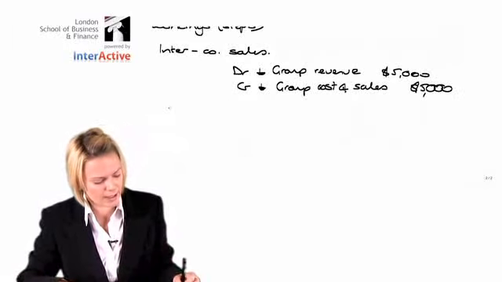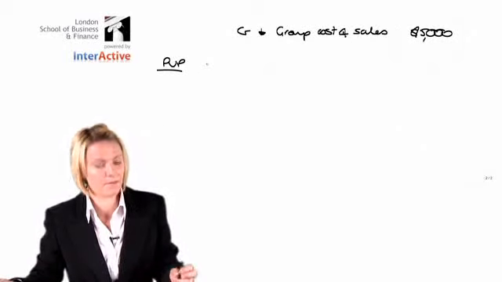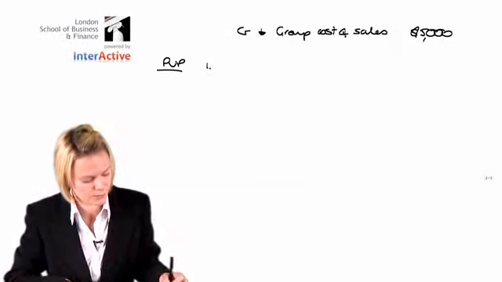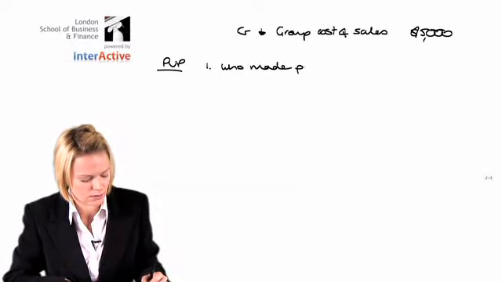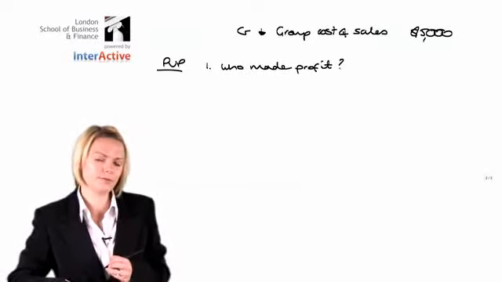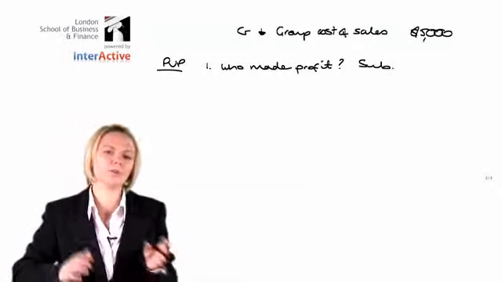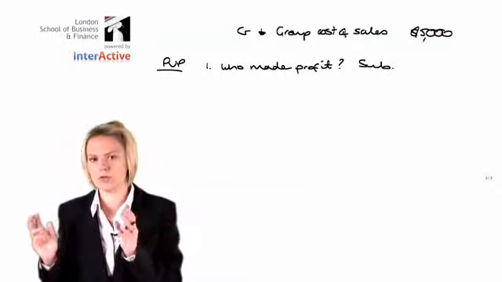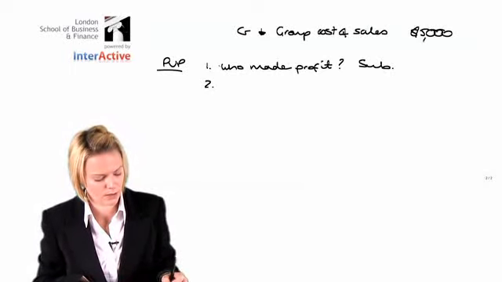So, in our workings, PUP adjustment. First thing we consider, who made the profit? Well, it was a subsidiary, wasn't it? Sub sold to parent, Swift sold to Palm. Step 2. Inventory left in the group.